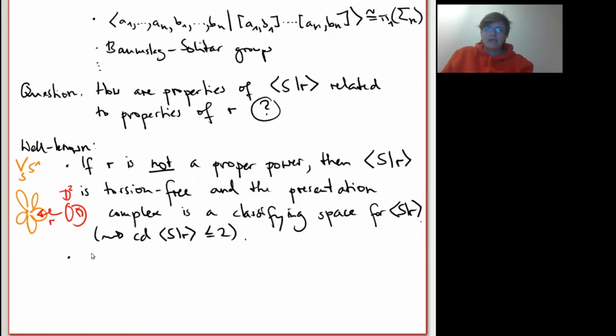Then conversely, if R is a proper power, in some sense you might say, oh, this is a bad case, but this case is also good, but in a different direction. Then you know that the group is always hyperbolic.